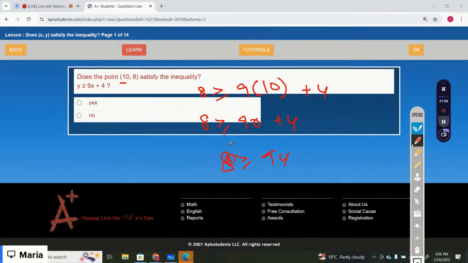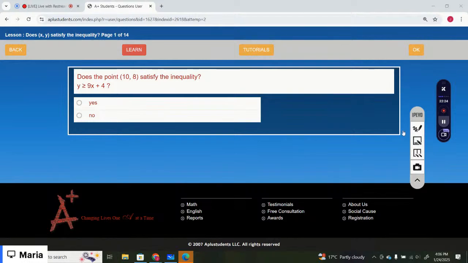So is 8 greater than 94 or less than 94? 8 is not greater than 94. False it is. The correct option is no. So the point (10, 8) does not satisfy the inequality.